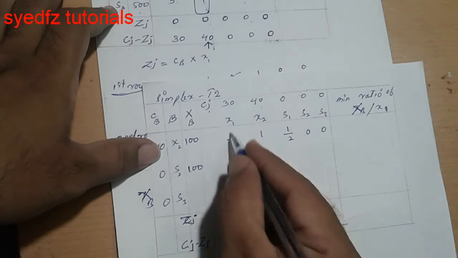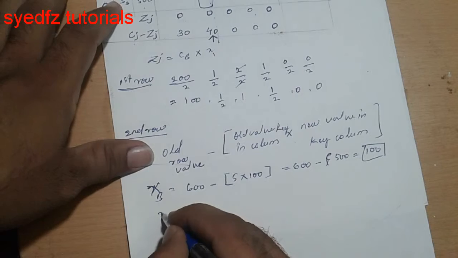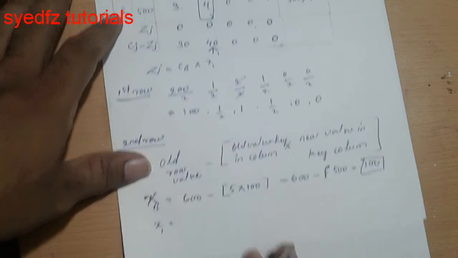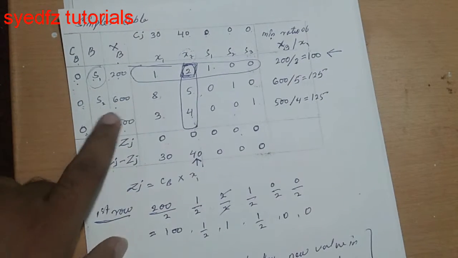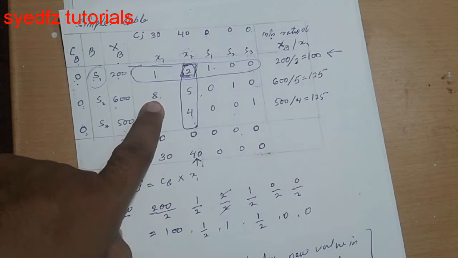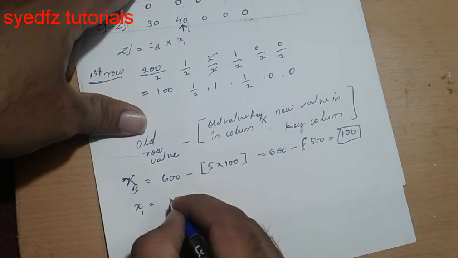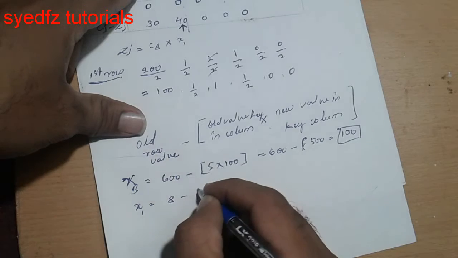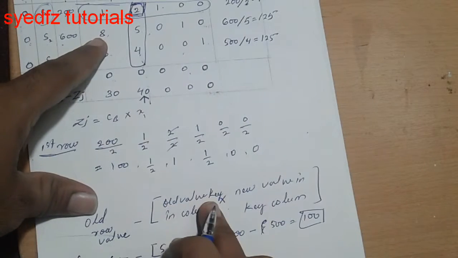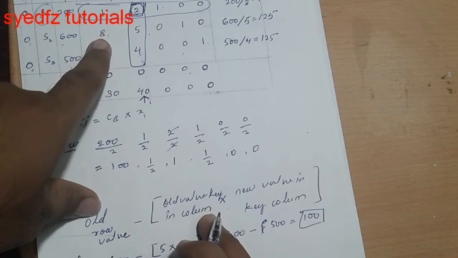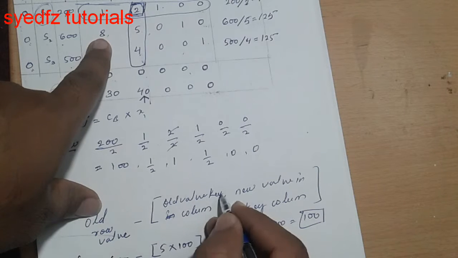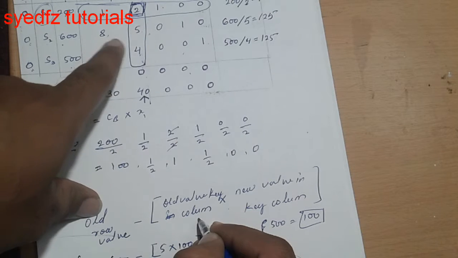Now for x1 value, for x1 we are calculating. What is the old value for x1? 8. Old value is 8 minus old value in key column. What is the old value in key column? It is 5.